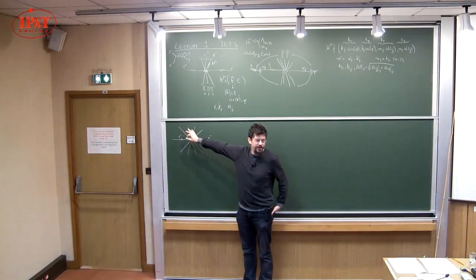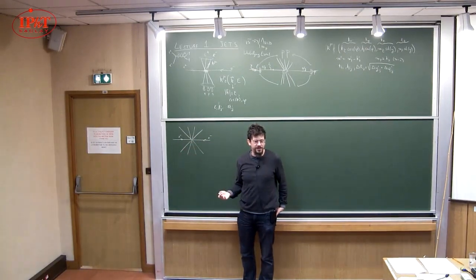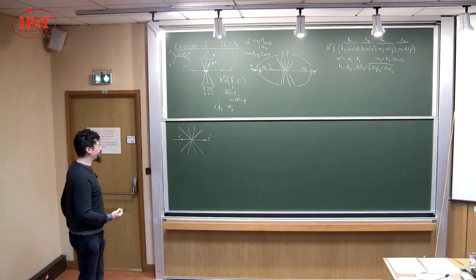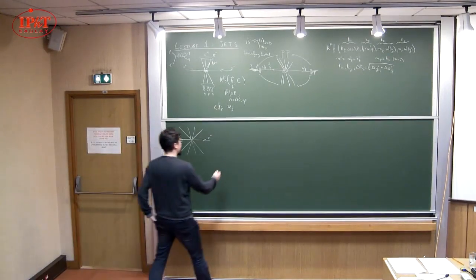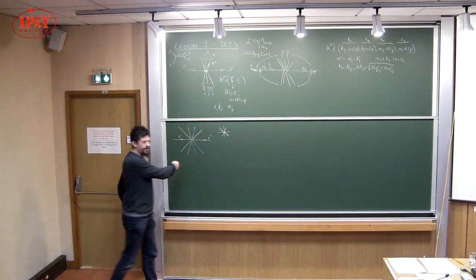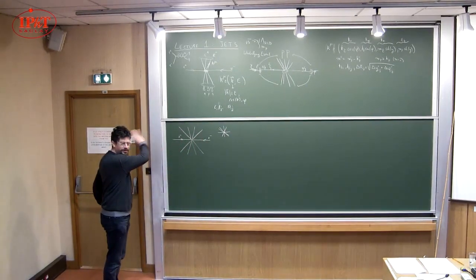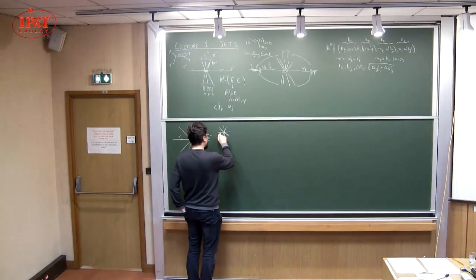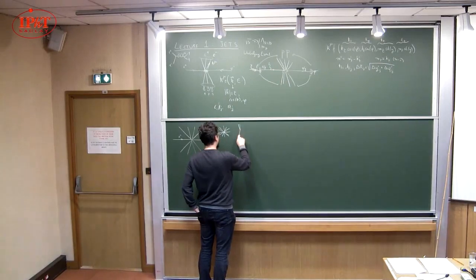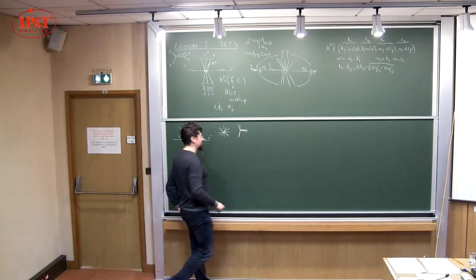Can I learn anything about, if I produce QCD in the final state, what are the generic properties of that final state? And the very first question you can ask is my final state looking more like a uniform? I cannot really draw in 3D easily, so I'm just going to draw everything as a plane. Is my final state looking like this? Or is my final state looking like this?